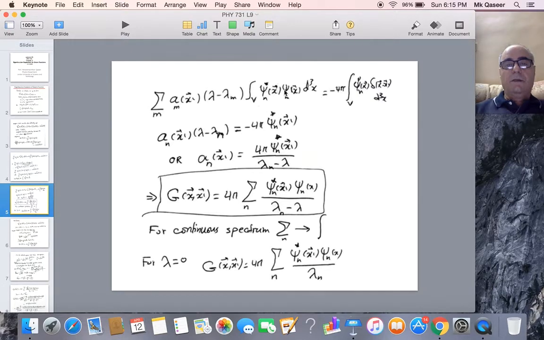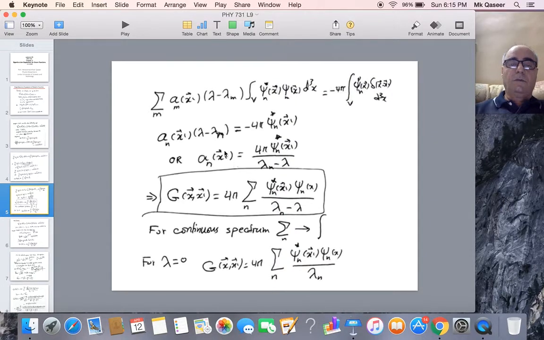This gives delta nm, and this is psi n star of x prime. So we get a sub n of x prime times lambda minus lambda n equals minus 4 pi psi n star of x prime, or a sub n of x prime is 4 pi psi n star of x prime over lambda n minus lambda.